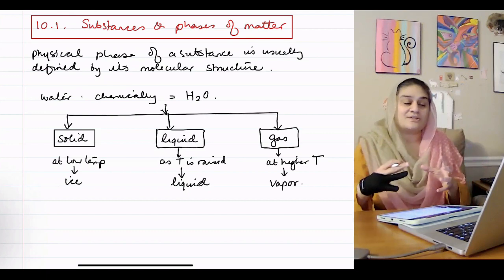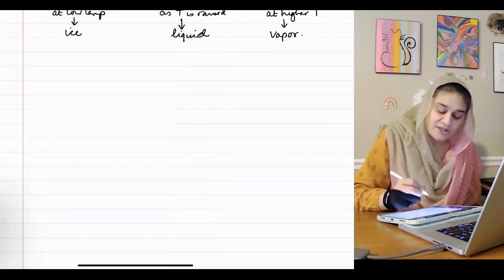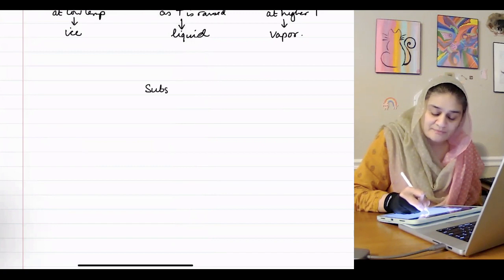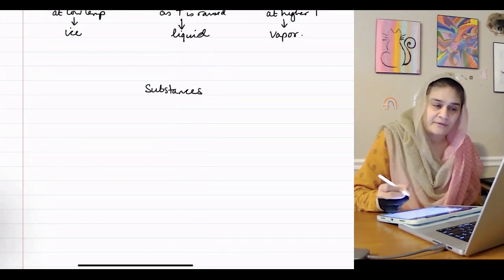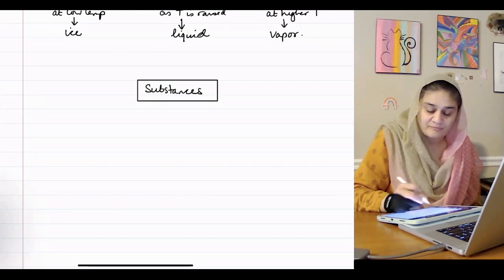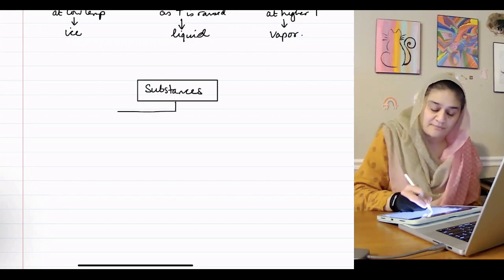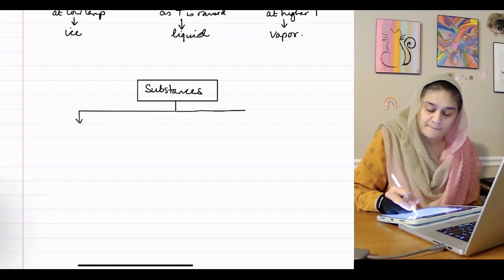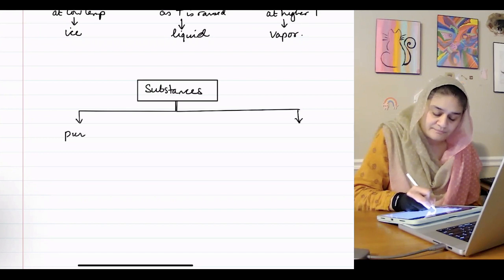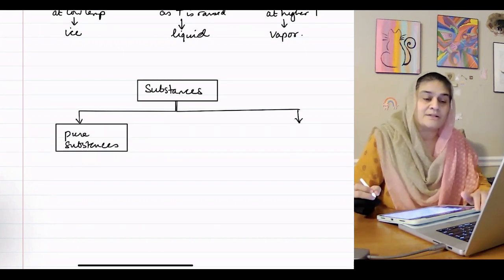Now, let's discuss substances. If we were to define substances, what could the possible states of a substance be? So the two basic states of a substance are pure substances and mixtures.